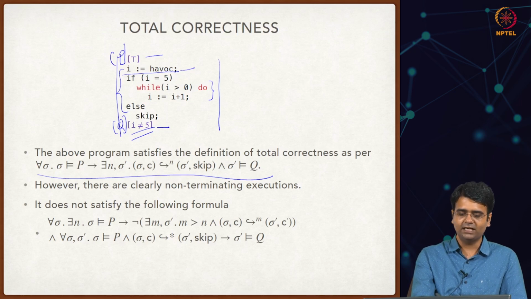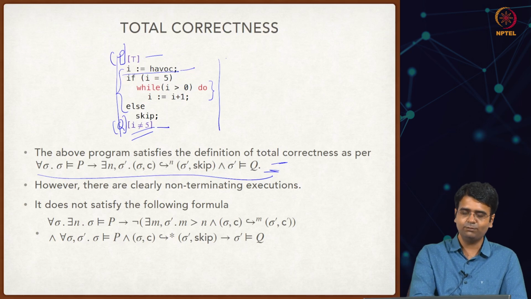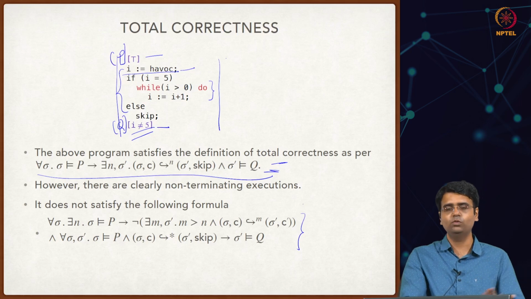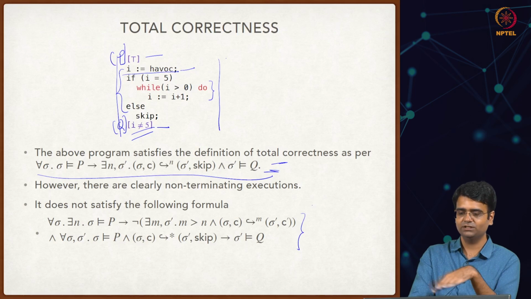According to this definition, this program does satisfy the formula, because for every initial state there does exist an execution where the havoc statement gives a value to I which is not equal to 5, and in that execution the program will definitely terminate. But there are clearly non-terminating executions as well, so you cannot give a bound on the maximum number of steps taken by this program in any execution.